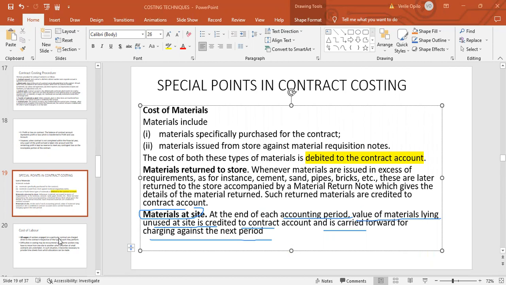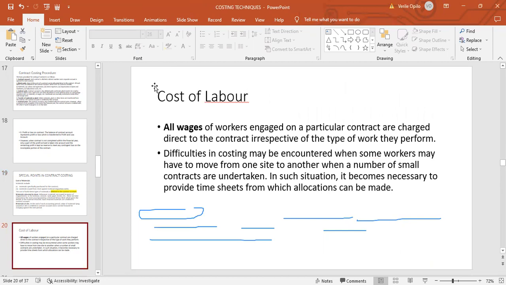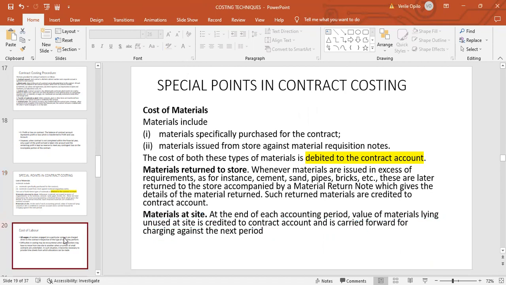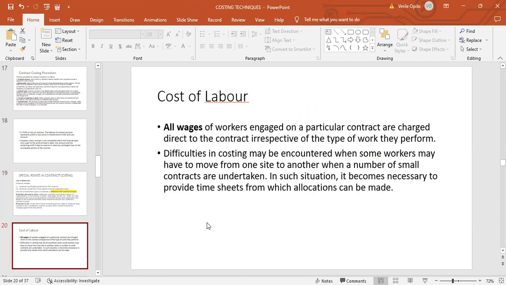Then we have now the second thing that you need to consider, and that is the cost of labor when it comes to the contract. You see, with labor you're going to have both direct labor and indirect labor. Direct labor are those employees that are directly involved in the production or in the construction process, and they will deliver the final item.